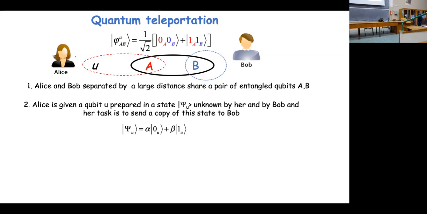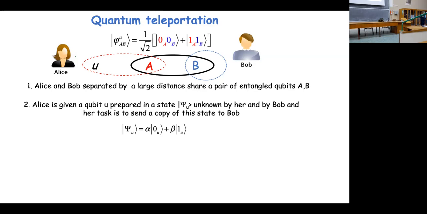What is very special in this is that neither Alice nor Bob has to know what alpha and beta are. In fact, if you remember what I said a few weeks ago, if you are given one qubit in a given state, there is no way you can find out which state it is with only one qubit, because if you start measuring, you will destroy the state very quickly.